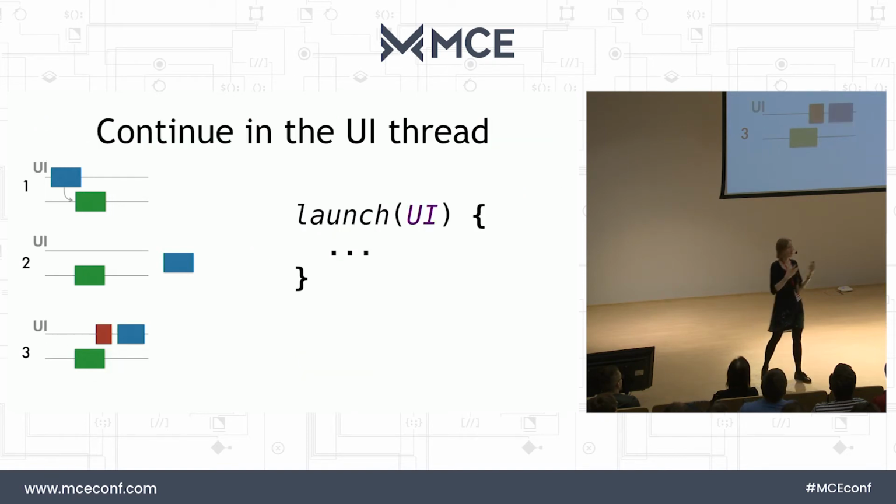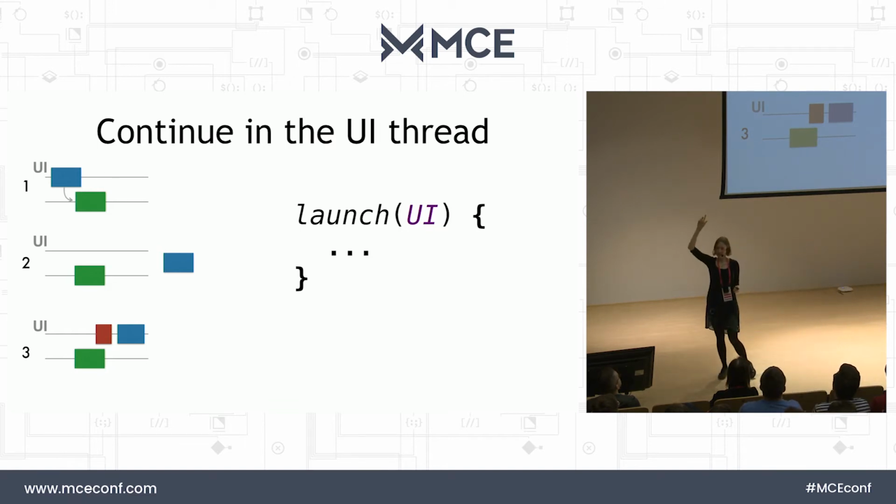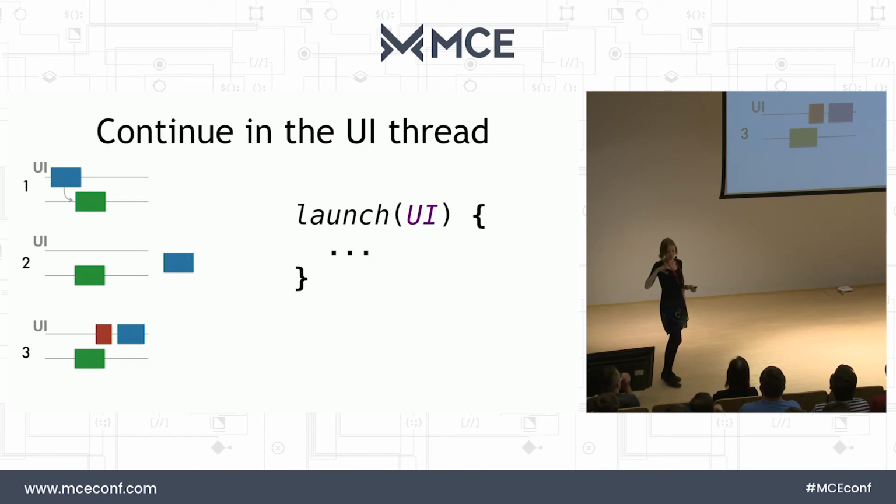You can specify, there's actually launch, which is another function that just starts a new computation, while async returns the result, and launch just starts the computation that doesn't return a result. But actually, it does absolutely the same. And this syntax allows you to start your new computation, your new coroutine, in the UI thread. And when it's suspended, like the blue one, it was suspended because we called, for instance, the await function. And after that, when you continue it, this context guarantees you that this computation will be continued in the UI thread.